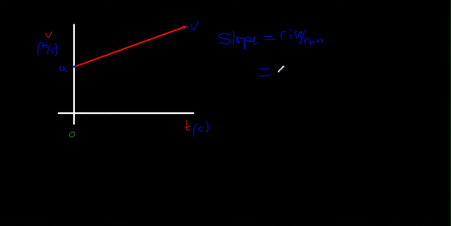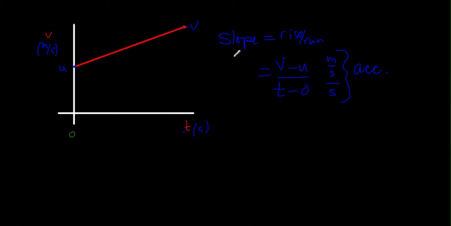Well, the rise is going to be v minus u, and the run is going to be t, whatever time t is, minus 0. And from a dimensional analysis standpoint, the units are going to be meters per second divided by second.